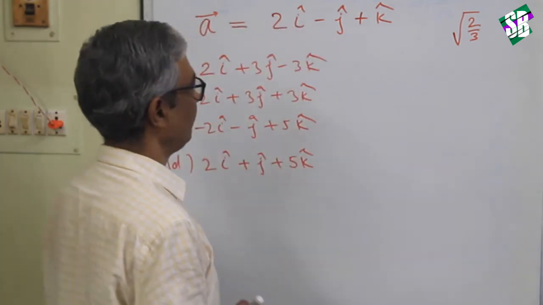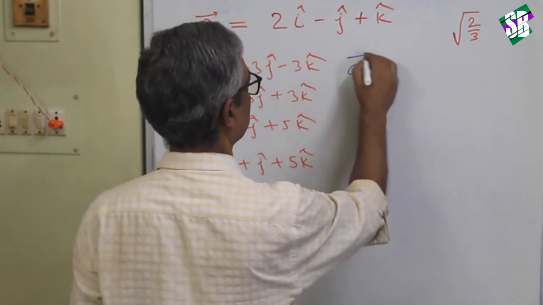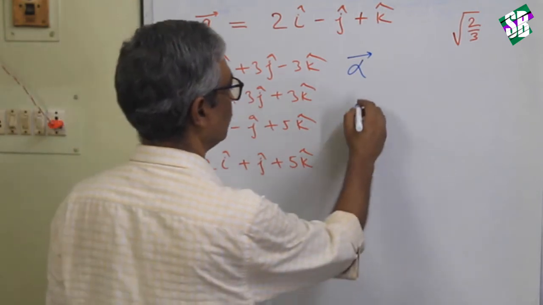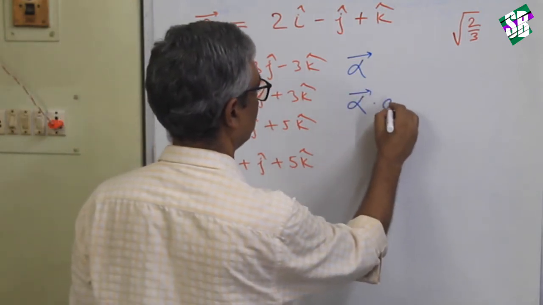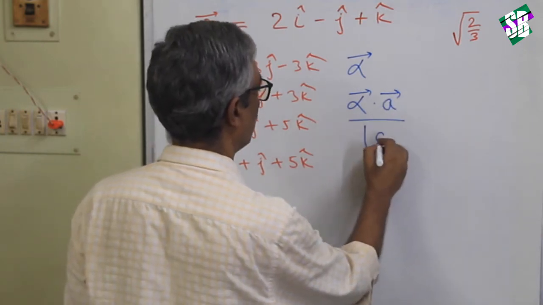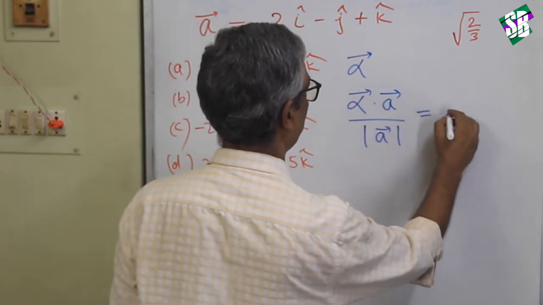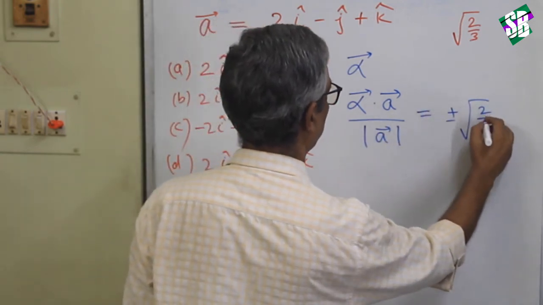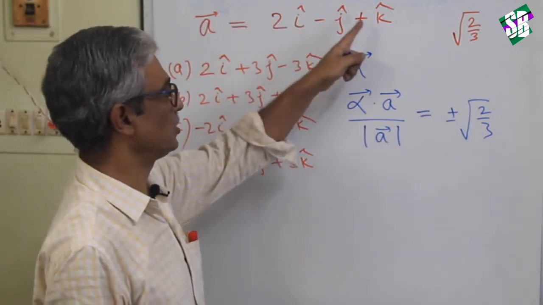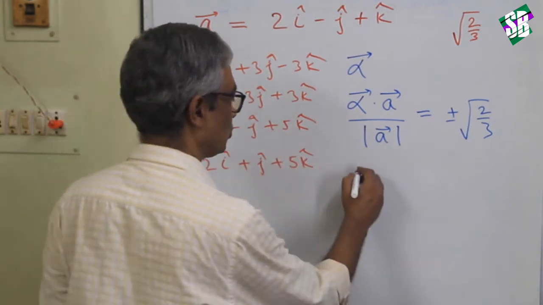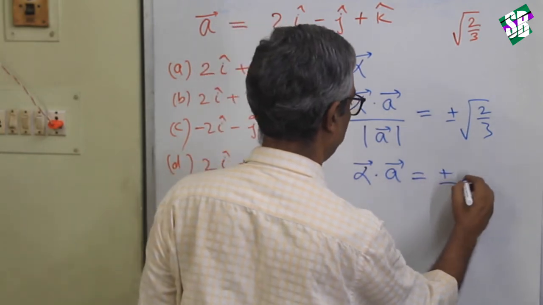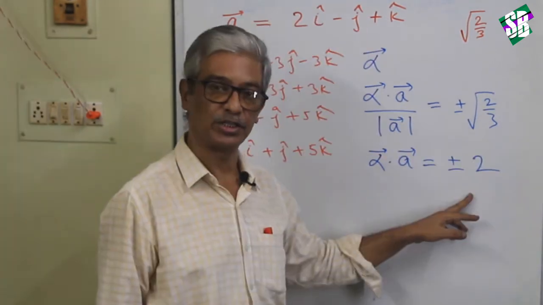Look, if alpha vector is a required vector, then you must have alpha vector dot a vector divided by mod a vector equal to plus minus 2 by 3. And what is mod a vector? 4 plus 1 plus 1, 6, means root 6. So you must have alpha vector dot a vector equal to plus minus 2.